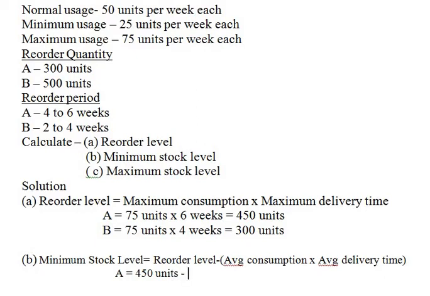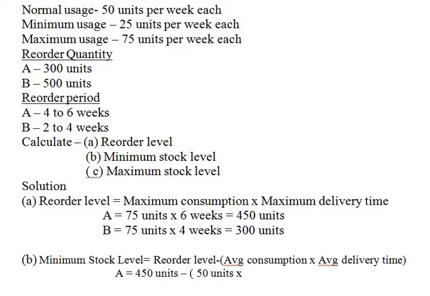Minus average consumption. Now go through the problem to see whether they have given average consumption. Here they have given normal usage, and normal usage is nothing but average consumption. Write it down, that is 50 units, into average delivery period.